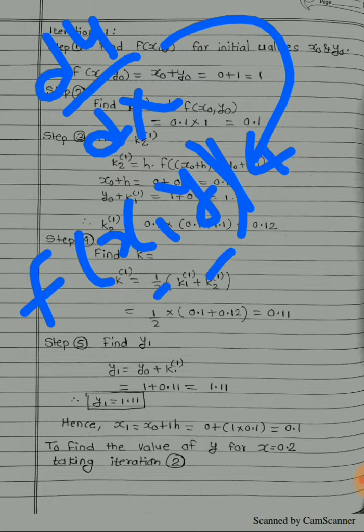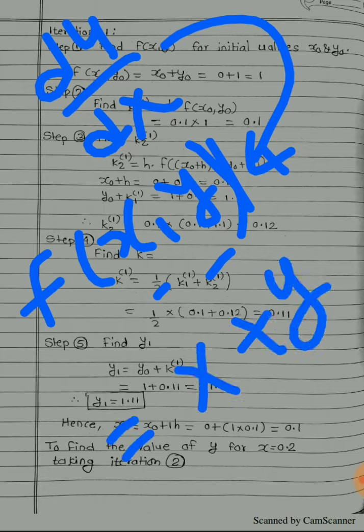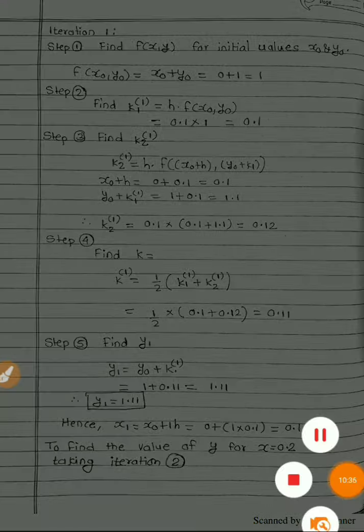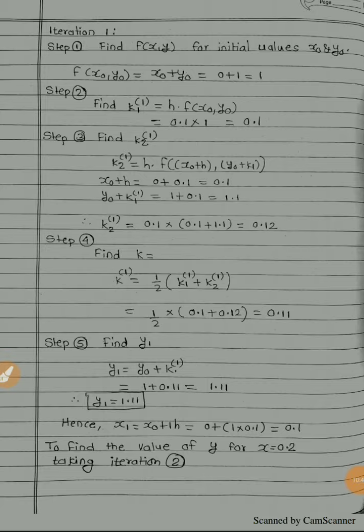So the function of x,y which is given in the problem, that is dy by dx equal to x plus y. If I want to calculate the value of f of x,y at x0 and y0, then I need to put the values of x0 and y0 here. When I put those values, I will get f of x0, y0 equal to x0 plus y0.